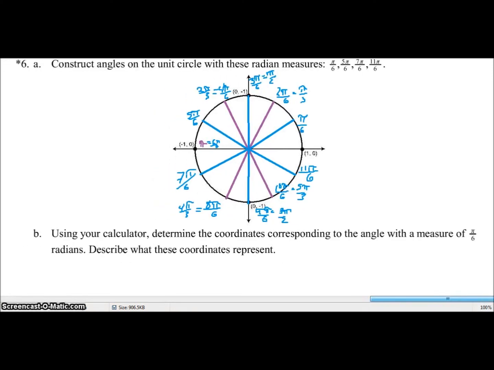So using your calculator, determine the coordinates corresponding to the angle with a measure of pi over 6 radians. So since this is a unit circle, we can just use cosine of pi over 6.